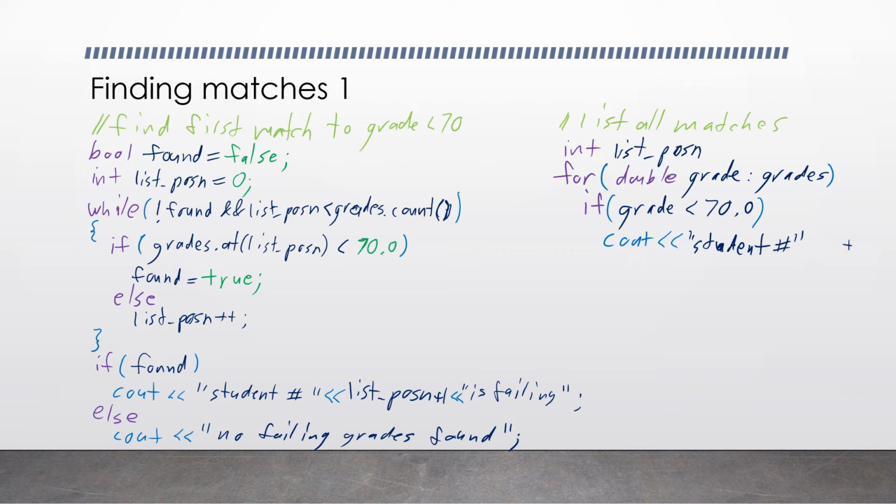I'm going to have to wrap this down to the next line. Plus plus list position. We haven't talked about this use of the plus plus operator, but if you put plus plus before instead of after list position, it adds one to list position before you use it. Okay, so that we want to add one anyway to keep going in our loop, so we're going to add one and then output it, and that keeps our user thinking in terms of a list that starts at 1.